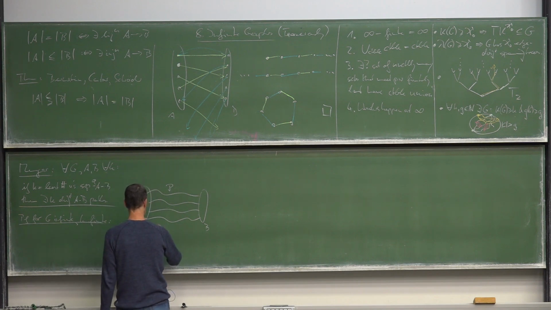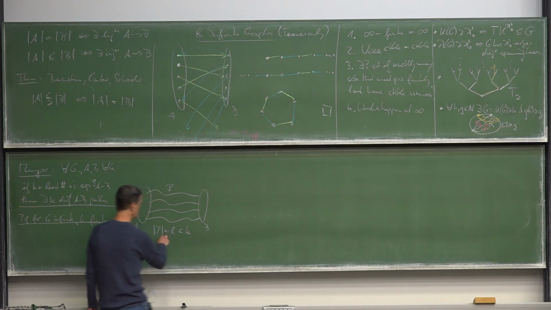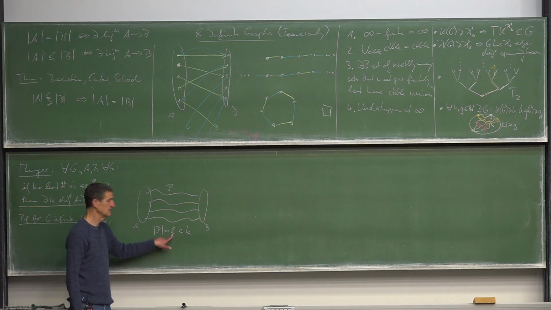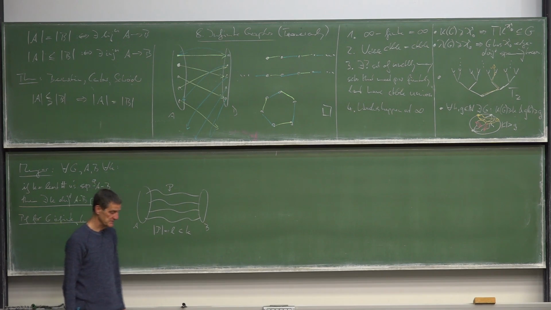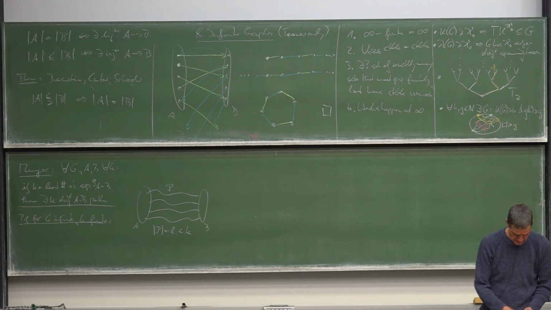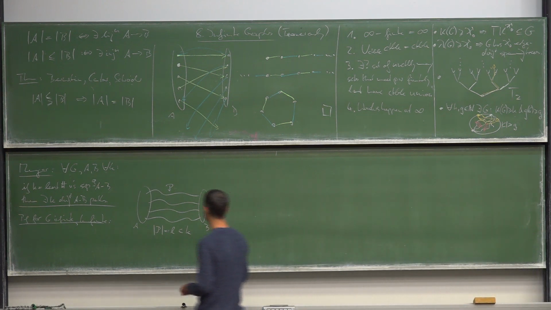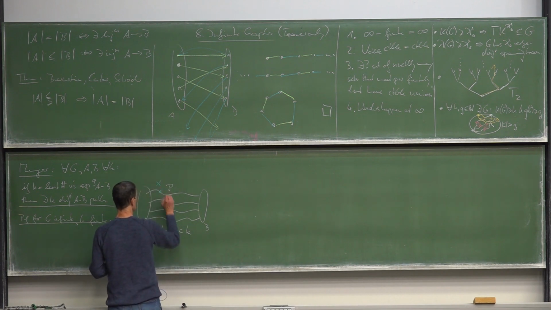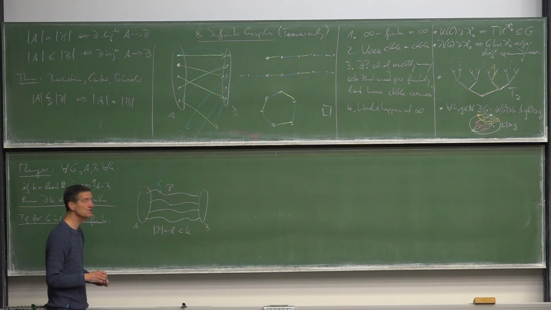So suppose it's smaller than K. Let's call this cardinality L. Then let's look at vertex sets, call them X, that pick one vertex from each of these paths.